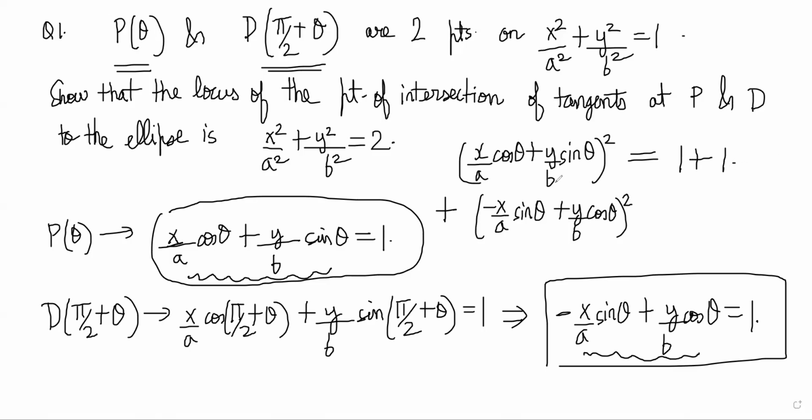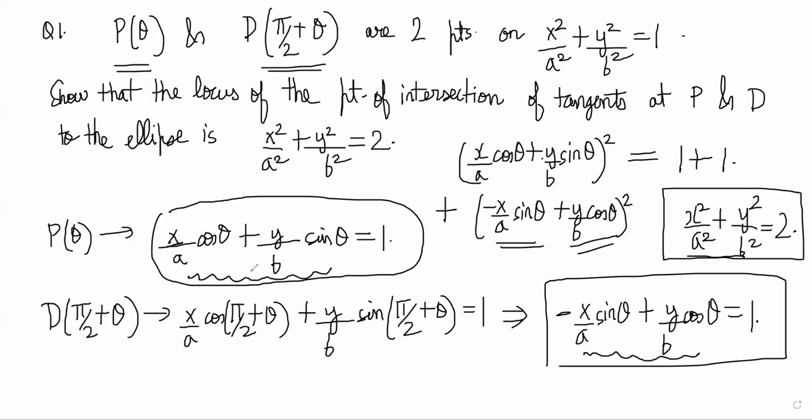And this will immediately cancel the 2xy by ab cos theta sine theta term. And the other terms will add up nicely. X square by a square cos square plus x square by a square sine square will become simply x square by a square. And here y square by b square sine square plus y square by b square cos square will become y square by b square. And that becomes 2.